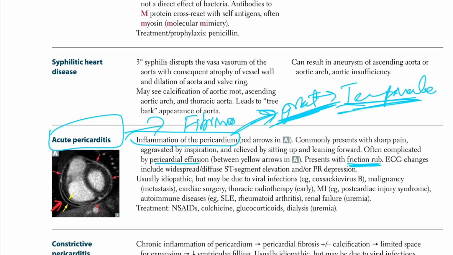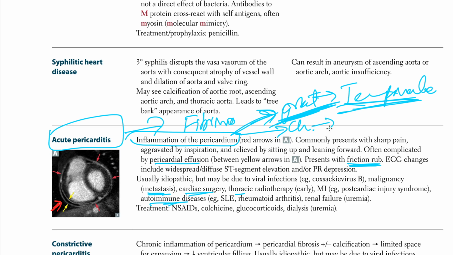But if the cause of pericarditis is chronic, for example you have metastasis, autoimmune disease, or after cardiac surgery you develop a chronic pericarditis, these are all the chronic causes.